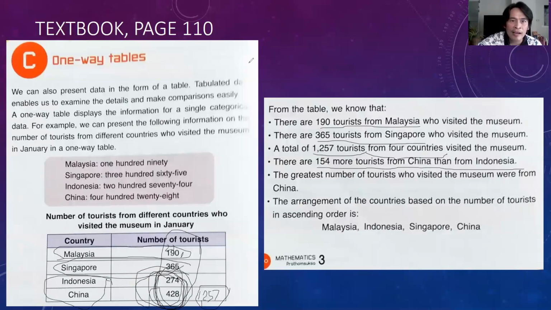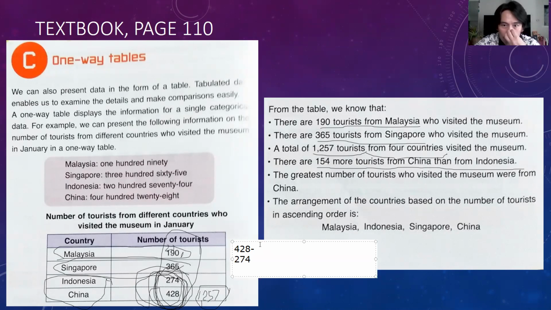So when we subtract 428 minus 274, it's equal to 154. So therefore, this information is correct.